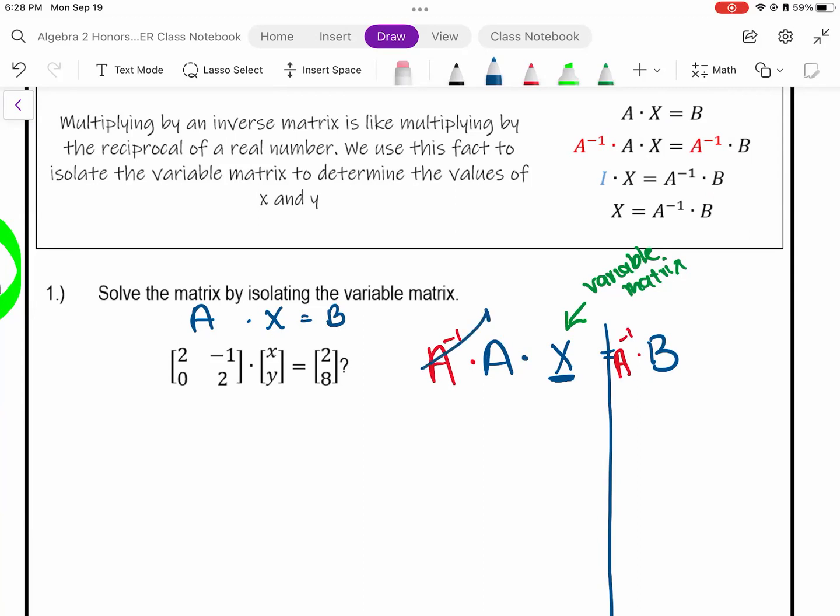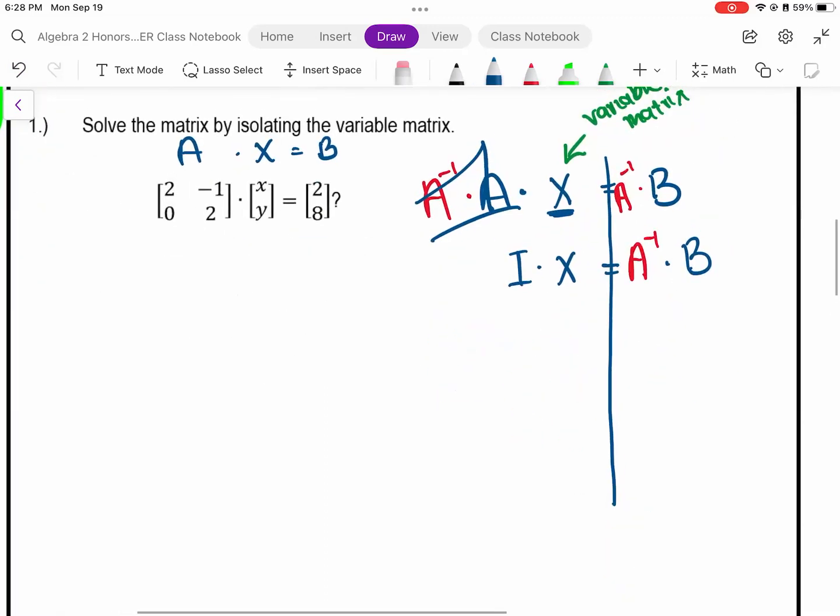Now this becomes a 1, and I'm left with the identity matrix times X is equal to the inverse of A times B. Remember, the identity matrix acts as a 1. So what happens when you multiply something by 1?